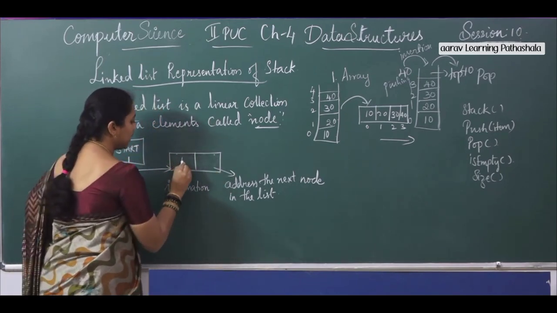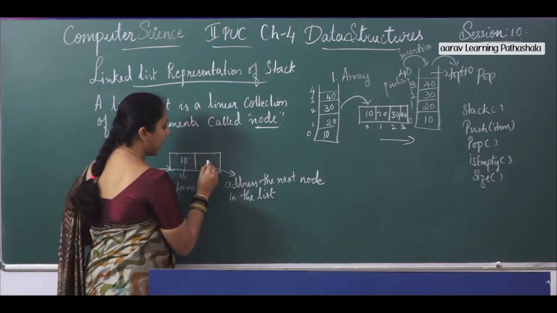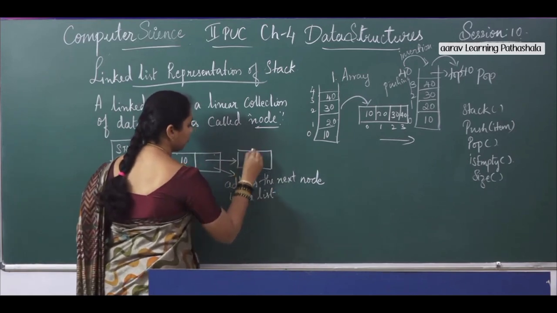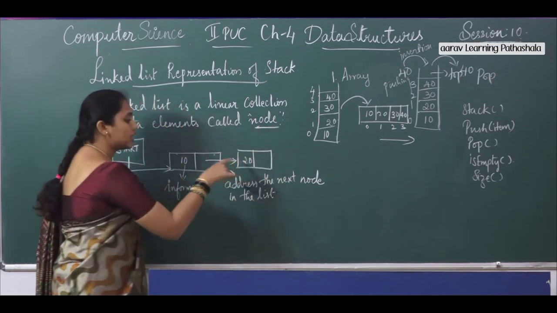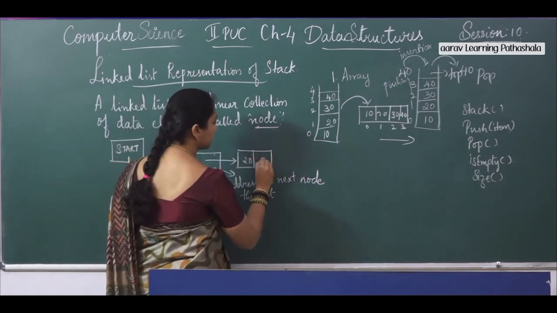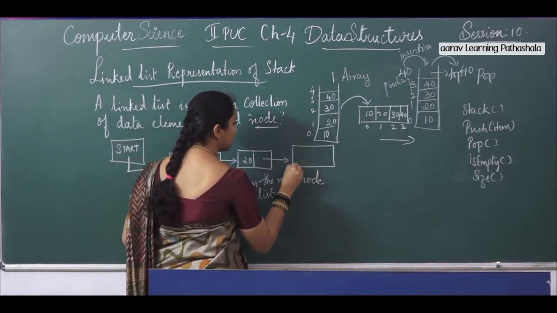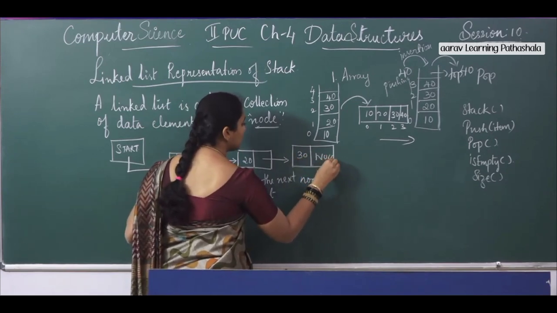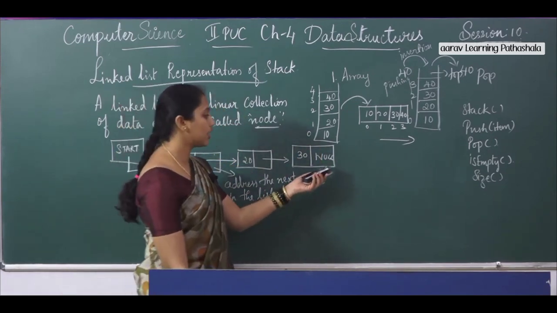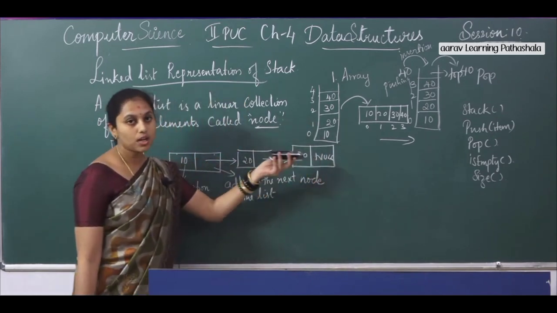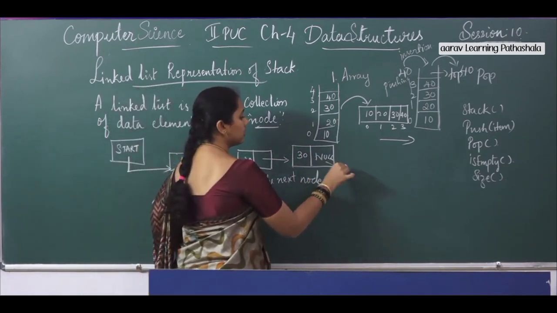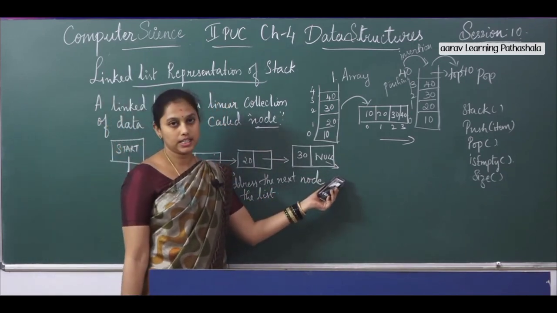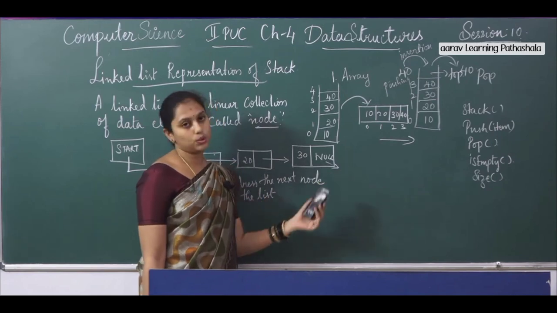For example, it contains 10 and it contains the address of the next node. In the next node, the first part contains the information and the second part contains the address of the next node. But in the last node, in the second part, it does not contain the address of the next node, but it contains null, which represents the end of the linked list. It is not connecting to the next node.